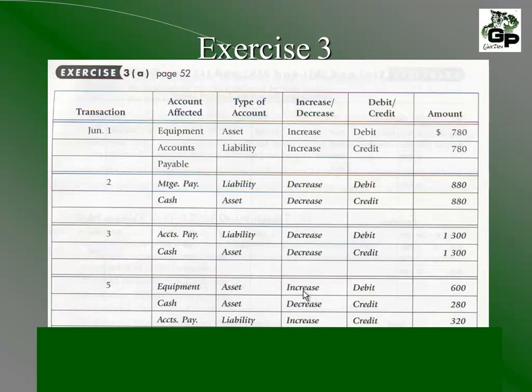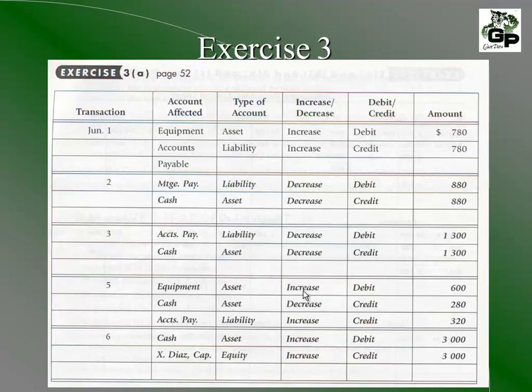Asset accounts decrease on the credit side. Liability accounts increase on the credit side. So these three accounts, the equipment account increases $600 on the debit side, cash decreases $280 on the credit side, and accounts payable increases on the credit side $320.